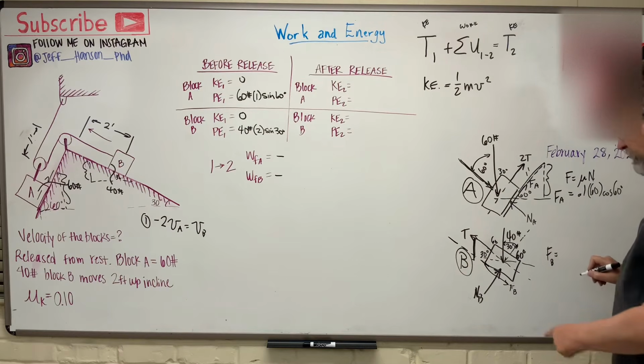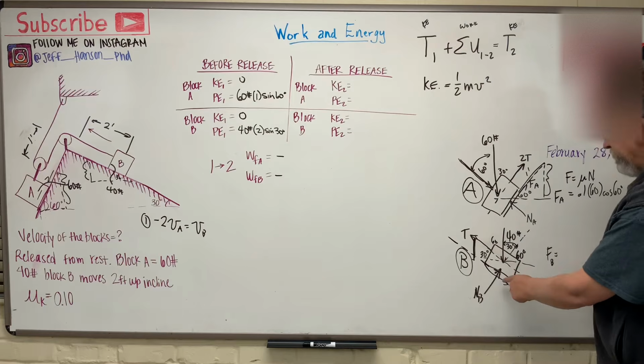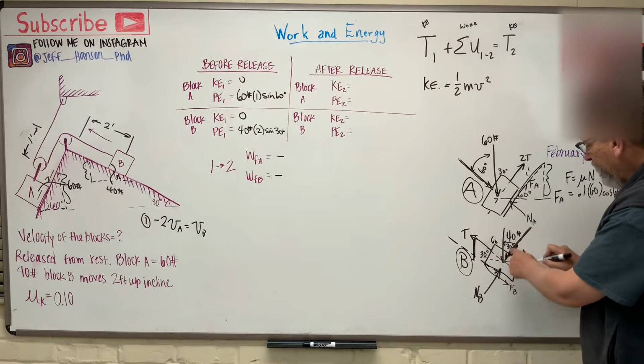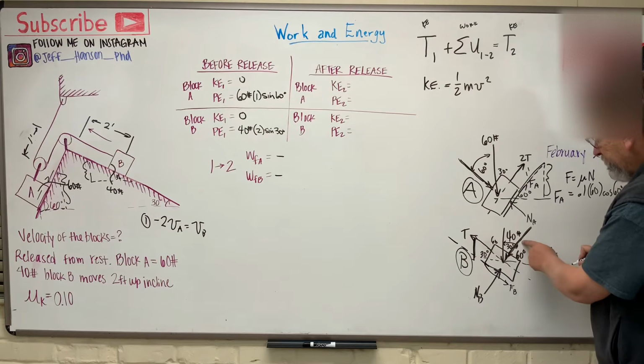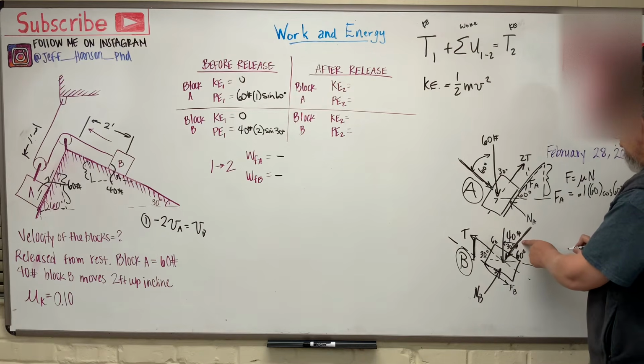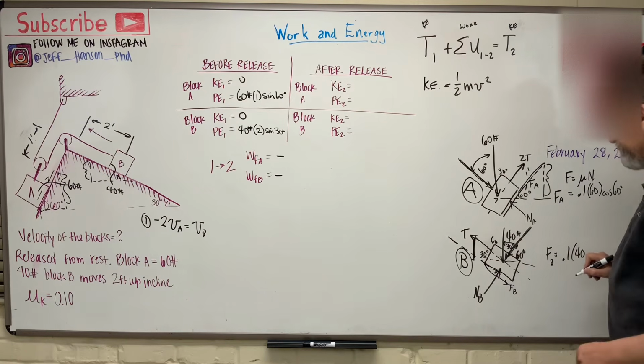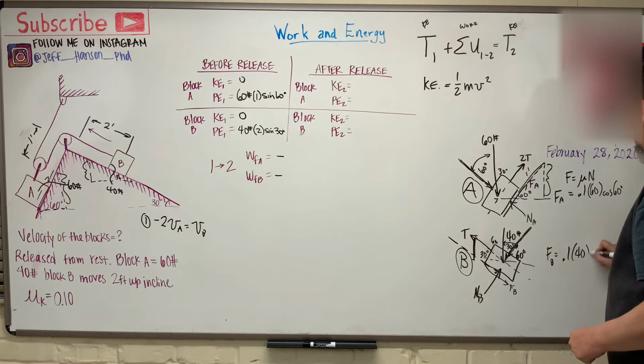And same thing down here, this is F_A. F_B is going to be equal to, what do we got here? I need this component right there of that 40, and that guy is going to be 0.1 times 40 times the cosine of 30.